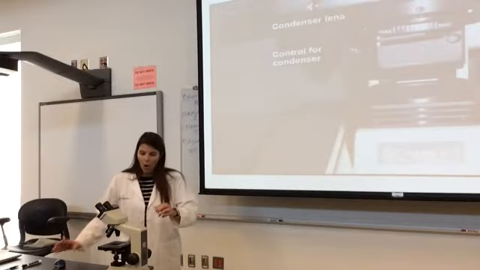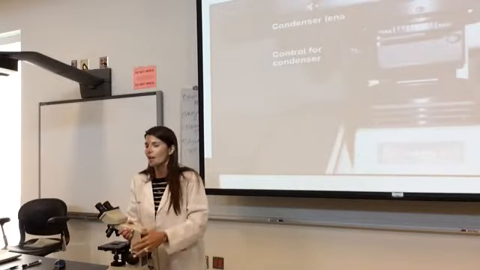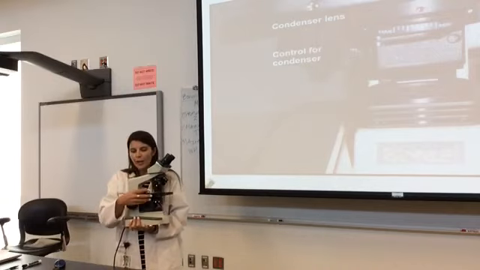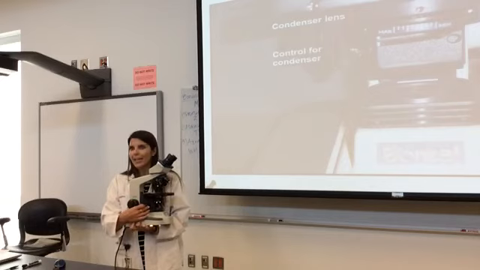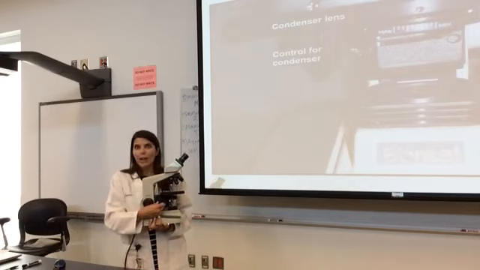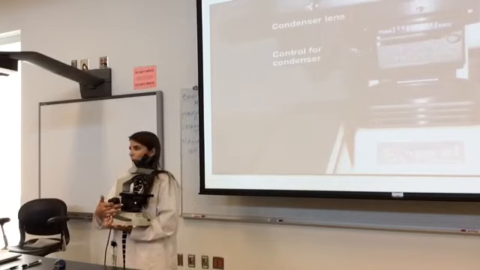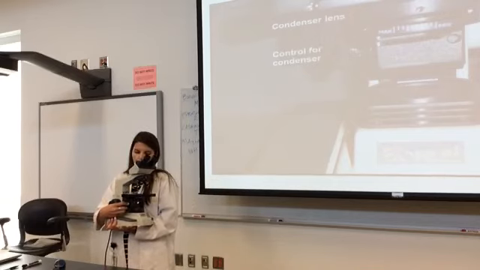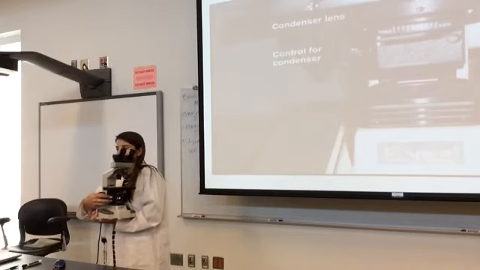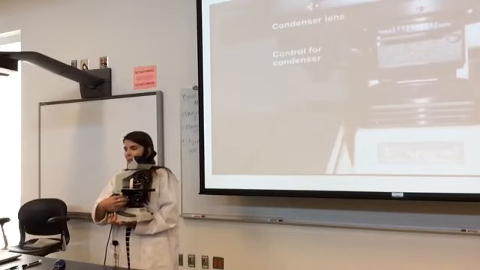Now, on the left side of your microscope, there is a knob beneath the stage, not the focus, a little black knob, and when you turn that knob, the structure beneath the stage will move up and down.